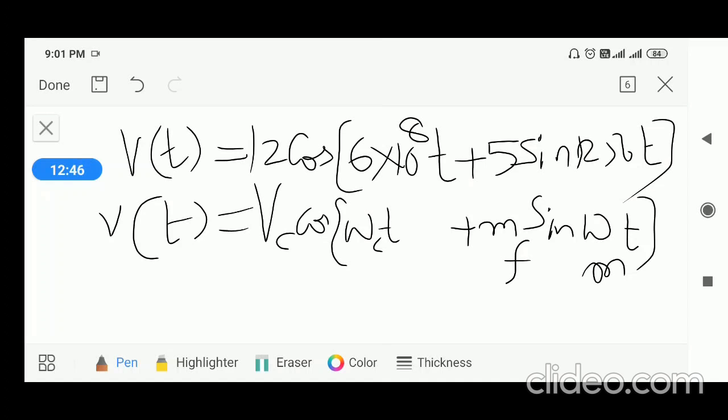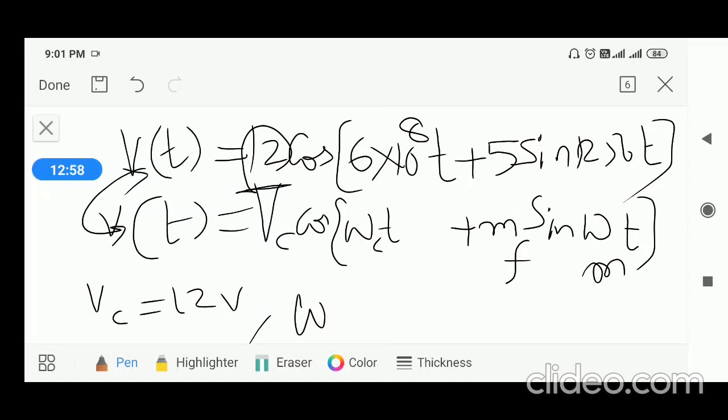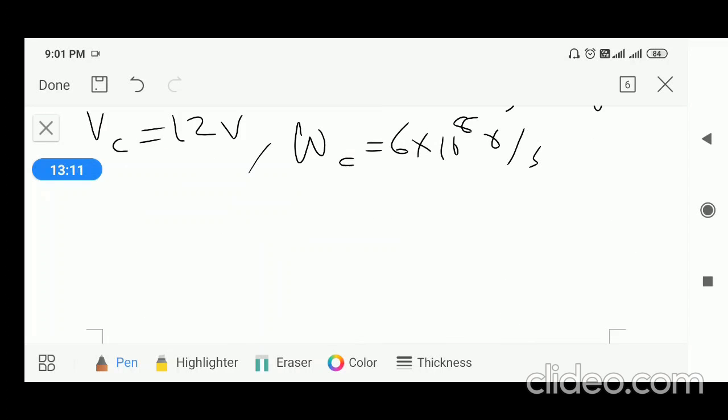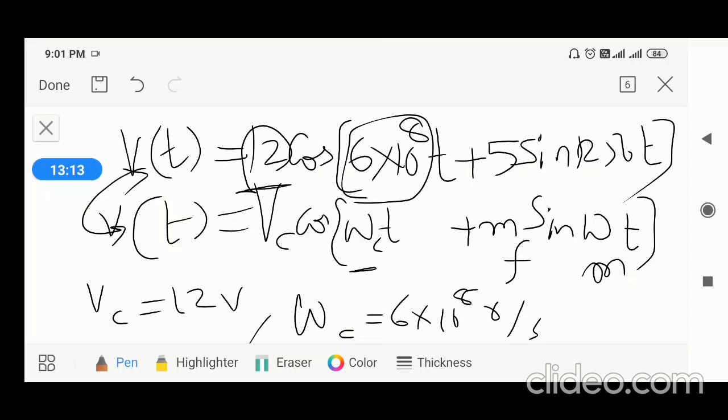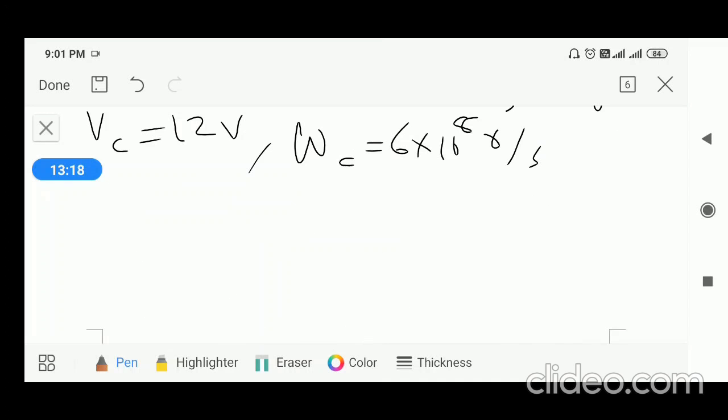So when you look at these two equations, the carrier amplitude is Vc equal to 12 volts. Next, the angular frequency of the carrier is omega c equal to 6 into 10 to the power of 8 radians per second. The next one is modulation index mf equal to 5.